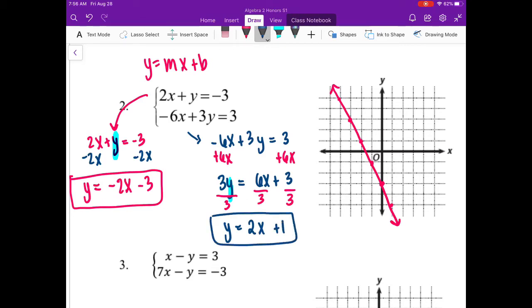I'm going to start at 1, and I'm going up 2 and to the right 1, down 2 to the left 1. So my line should be something like that. My intersection is right here, so my solution is going to be negative 1, negative 1.